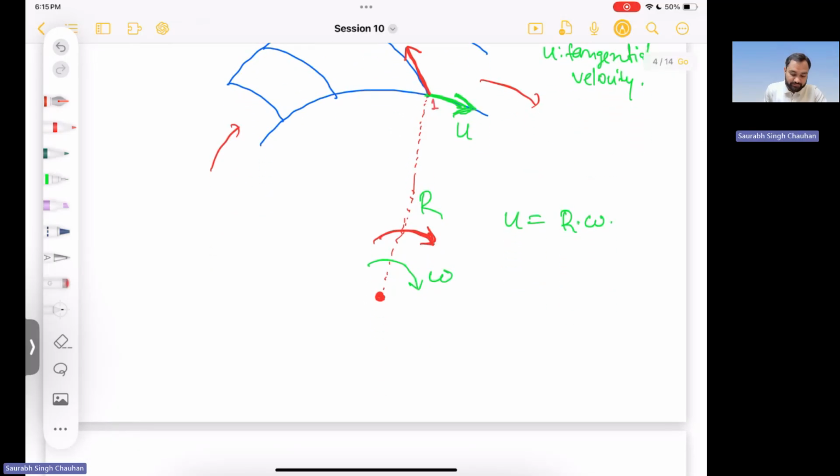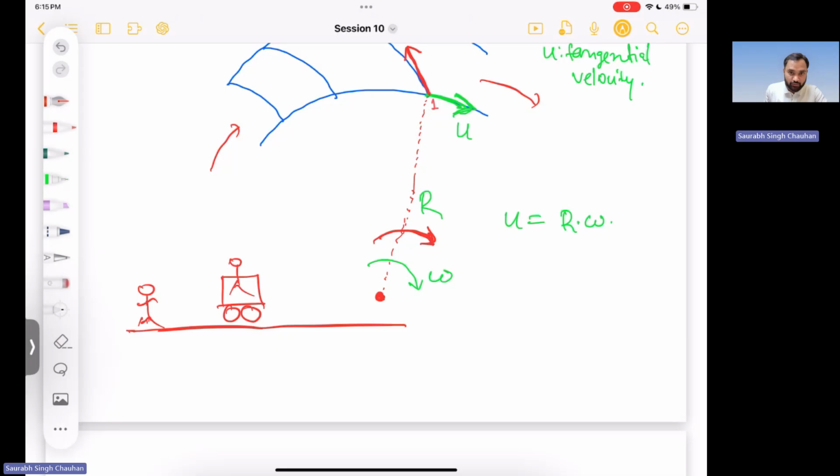If someone is standing on earth, this is one reference frame. And someone moving in a cart, someone sitting in this cart, is another reference frame.